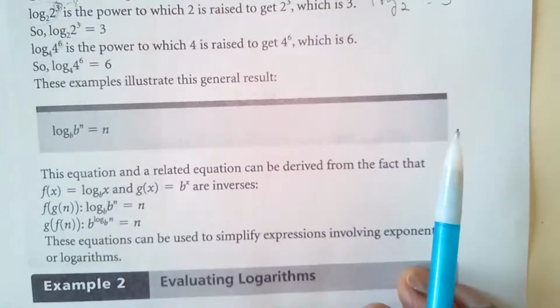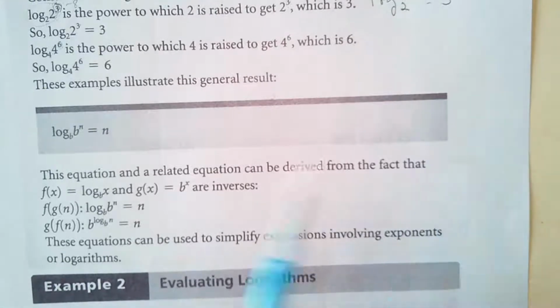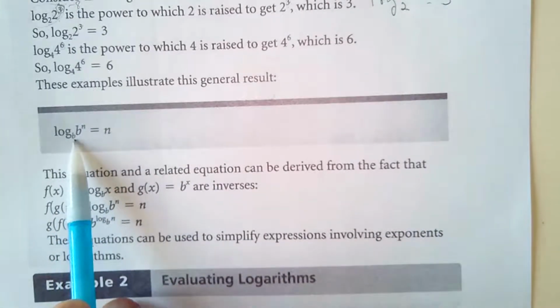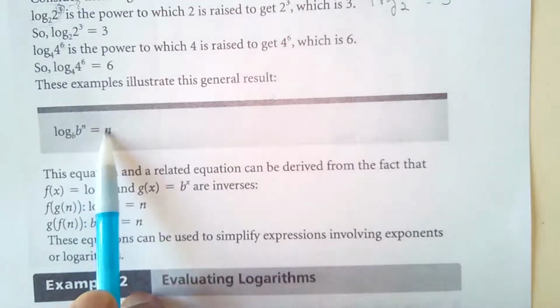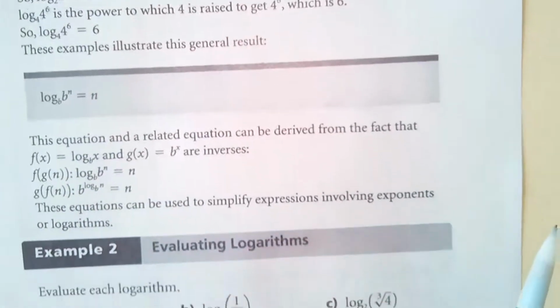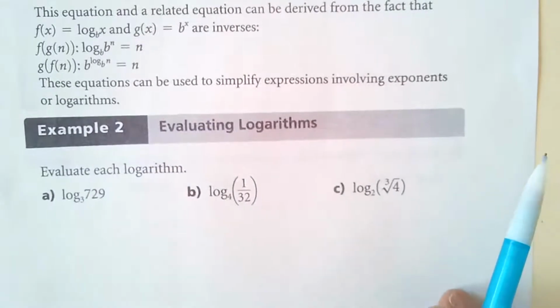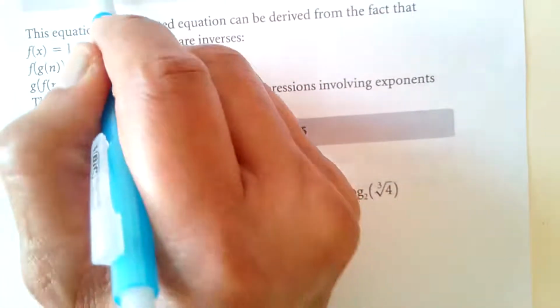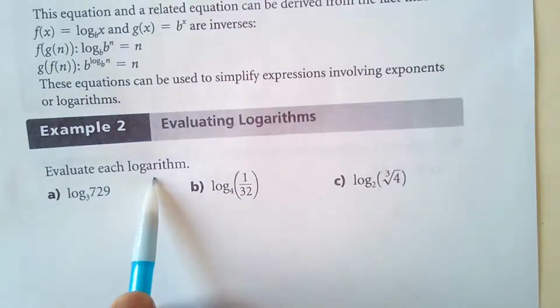So we can conclude that log base b of b to the power n is equal to n. So they are inverses. So let's use that too. I'm going to use this fact here to evaluate these logs here.